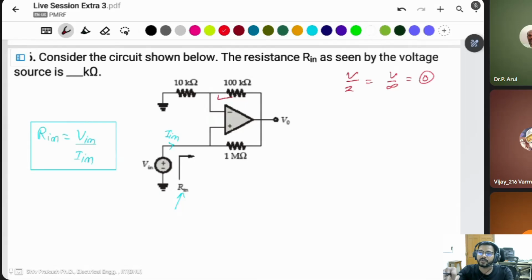But current is 0 in ideal cases. If there is negative feedback, that means they both are a virtual short, and there is no current through this.